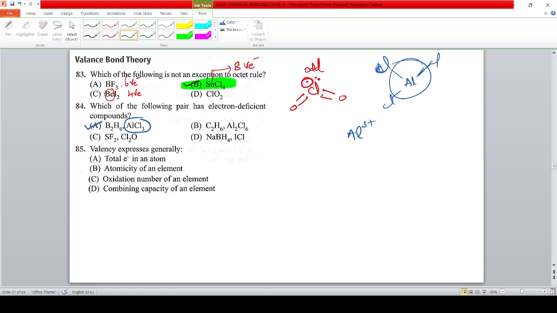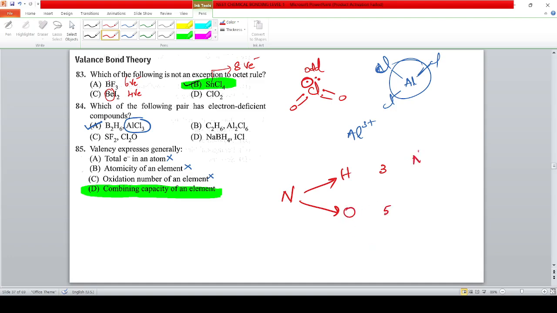Question number 85. Valency expresses generally... total electron, no. Atomicity, no. Oxidation number is not exactly valency. Valency means the combining capacity of an element. Listen carefully. The valency of nitrogen with hydrogen is 3, but with oxygen is 5.